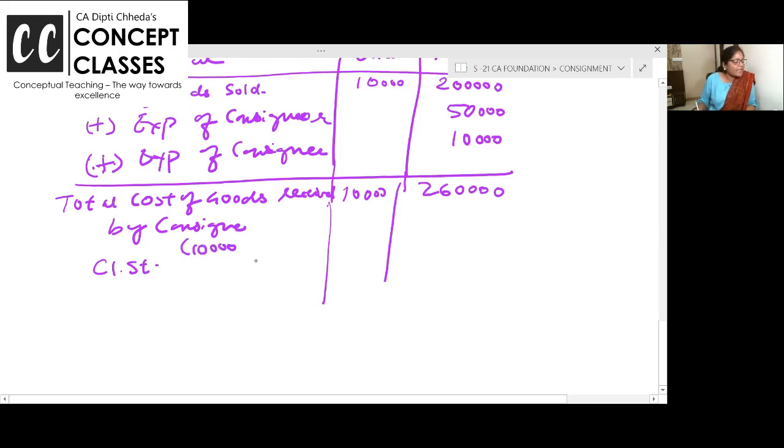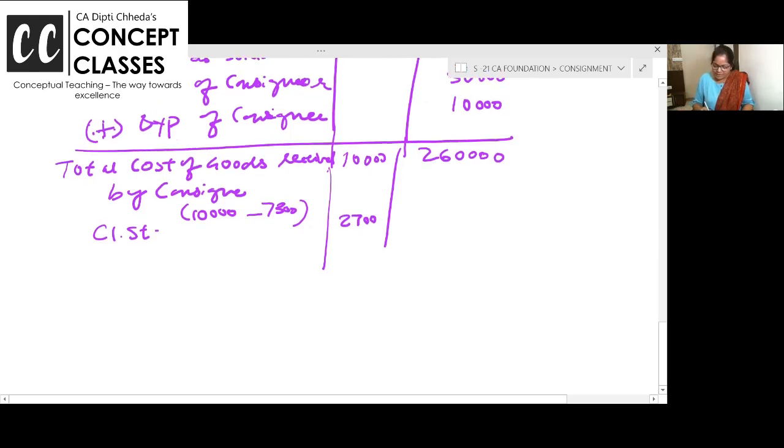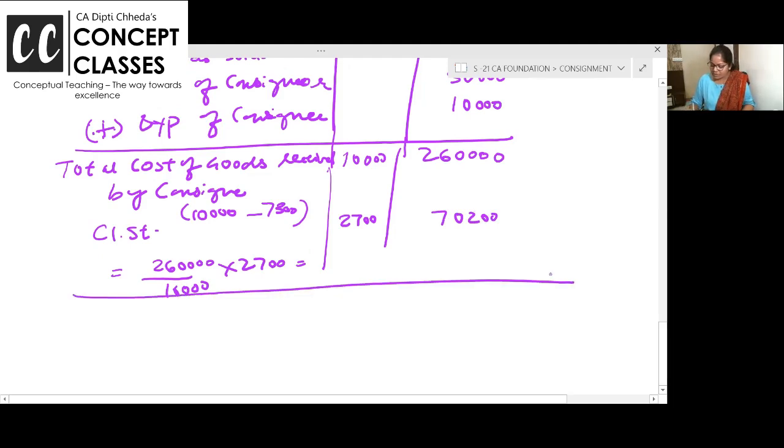Out of 10,000, read the problem. 7,300 units are sold. So what is the closing stock? 2,700. Can you calculate per unit or total? Do as you like. If you divide 260 by 10,000, you get per unit, multiplied by 2,700. Closing stock valuation is 70,200.